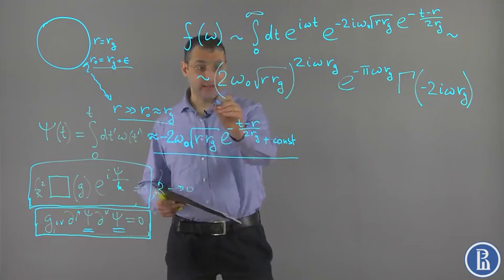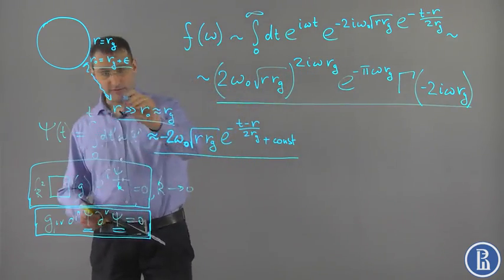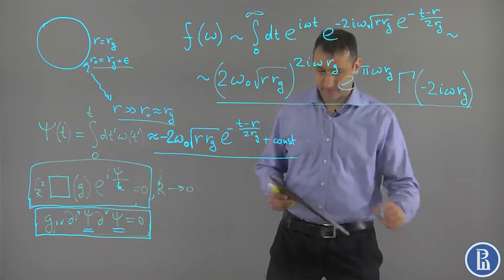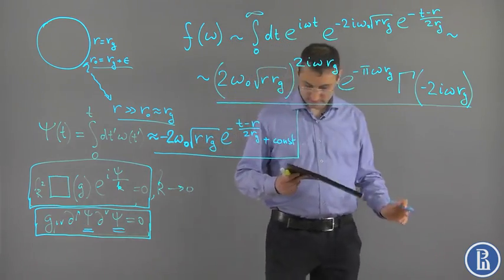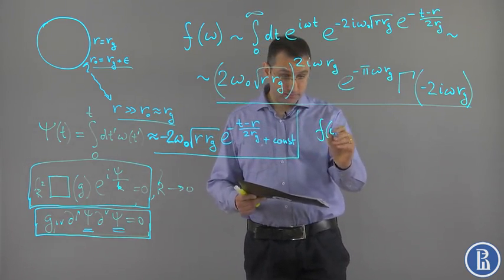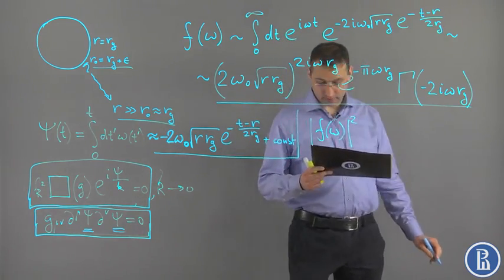So this is the spectrum that we obtained for the wave packet climbing up from the Schwarzschild potential, from the Schwarzschild geometry. And the spectrum is then just the square root of the modulus of this function.